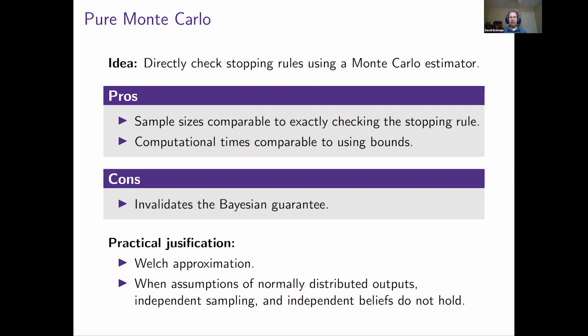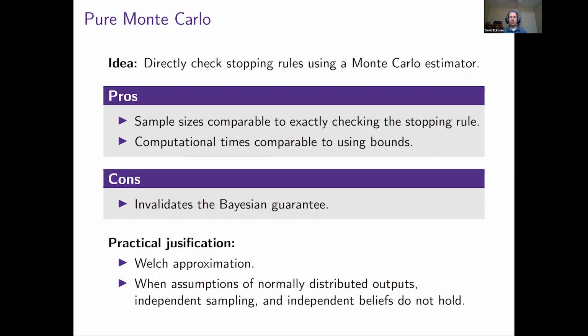The appeals or the pros of this is that we would expect to get a sample size that's comparable to exactly checking the stopping rule, but we essentially have none of the cost of doing that. So we get computational times that should be comparable to using just Bonferroni or Slepian bounds, because calculating the Monte Carlo estimator from sampling is a trivial operation.